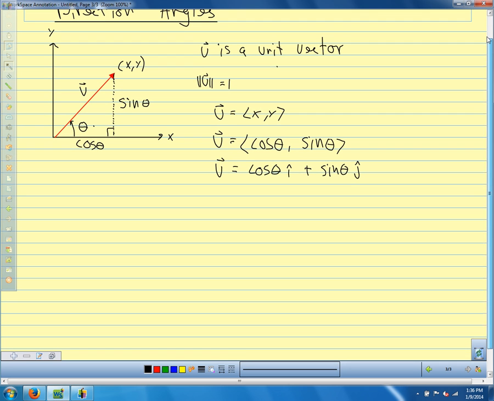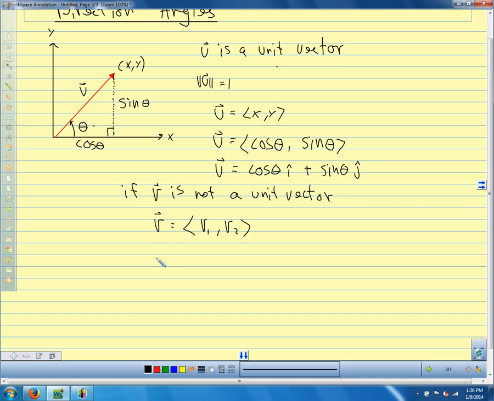And if we have a vector that's not a unit vector, so we're going to say that v equals the vector v1, v2. We can use the same idea, but rather than the hypotenuse being 1 unit long, the hypotenuse is going to be the magnitude of v. That's how long that's going to be.